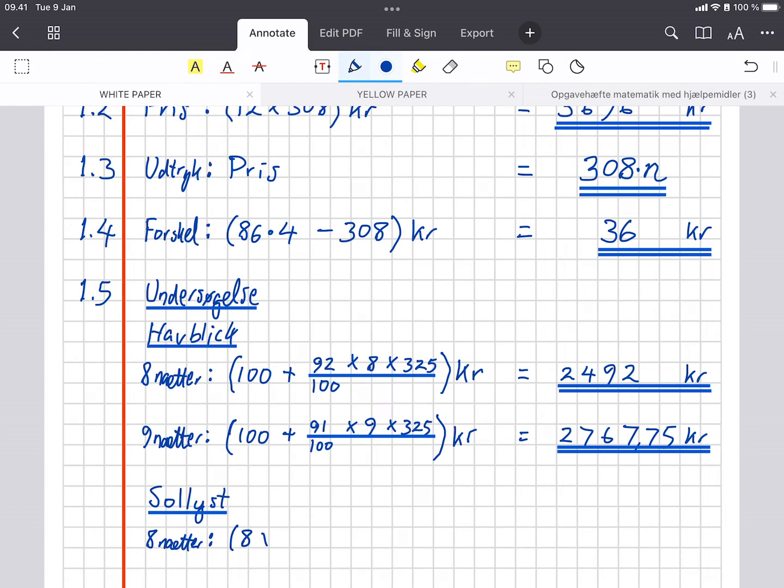Eight times 308 krona, which comes to 2764 krona.